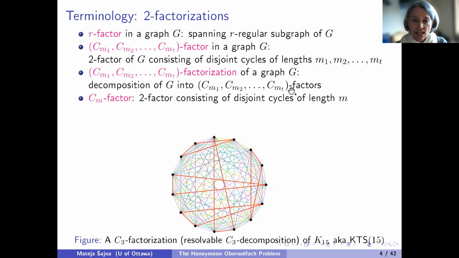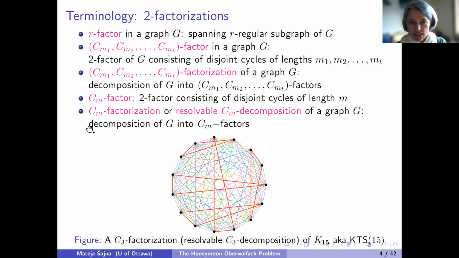When all these cycles are of the same length, I'll be talking about a CM factor. That's a 2 factor that is a disjoint union of cycles of this length M, and the number of cycles depends on the order of the graph. Again, the example shows a C3 factor in red, and overall a C3 factorization or decomposition into C3 factors.